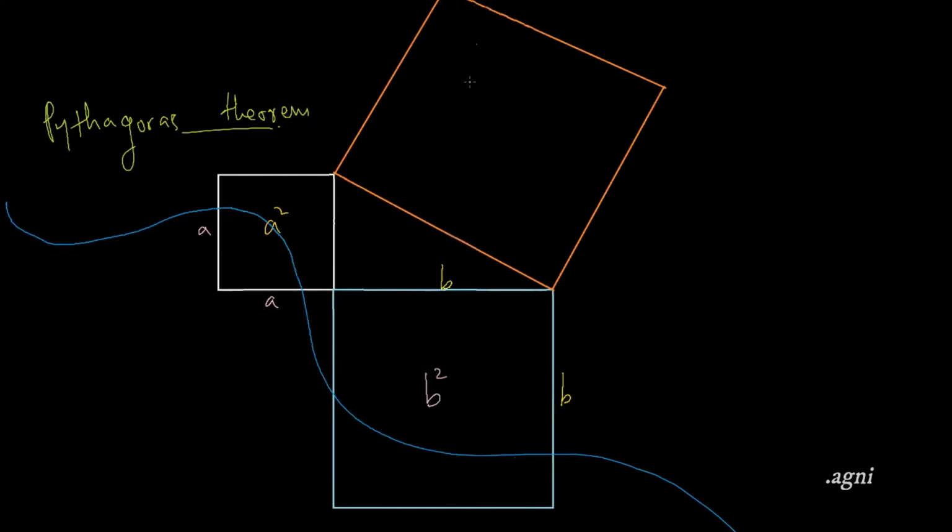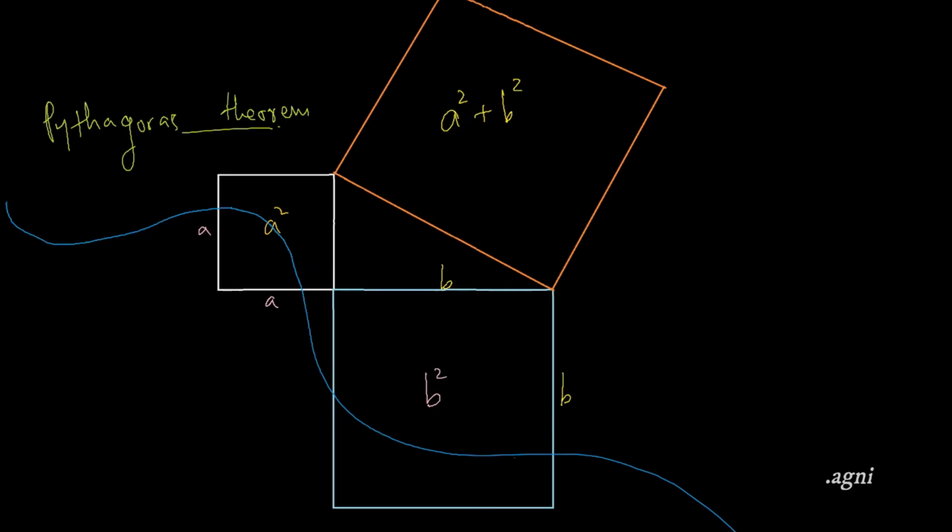That means the area of this new land would be A squared plus B squared. This is a simple experiment you can try. You can draw this on paper with correct measurements, and it would work.